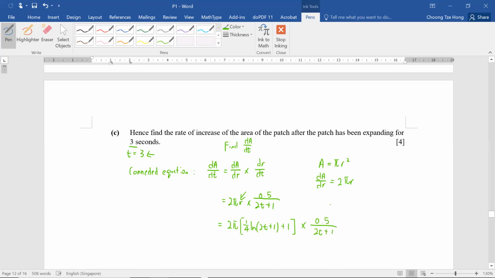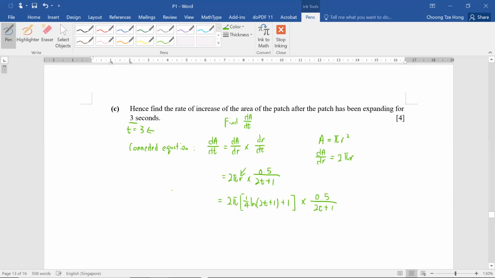At this point, I think we can already insert t equals 3 inside. So when t equals 3, dA/dt, which is what we want to find, the rate of change of the area, is 2 pi times 1/4 ln(2 times 3 plus 1) plus 1, times 0.5 over (2 times 3 plus 1).